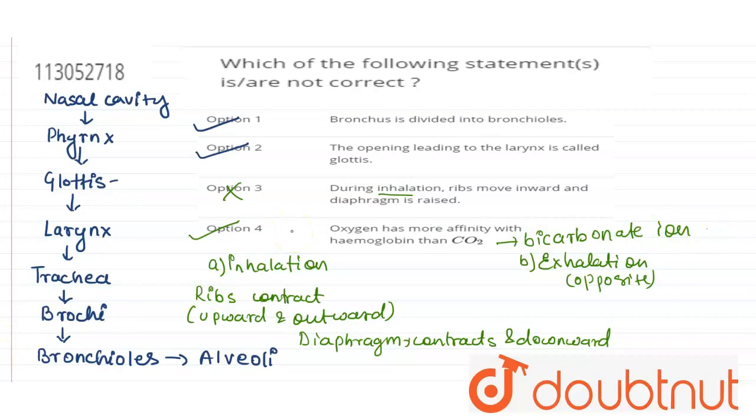So here the question is asking which statement is not correct. So option number 3 is the correct answer for this question, because only this statement is not correct here.